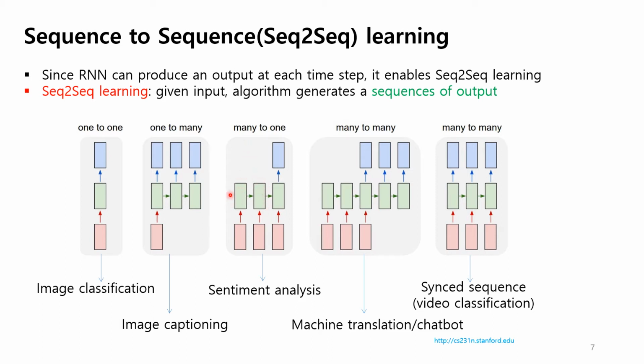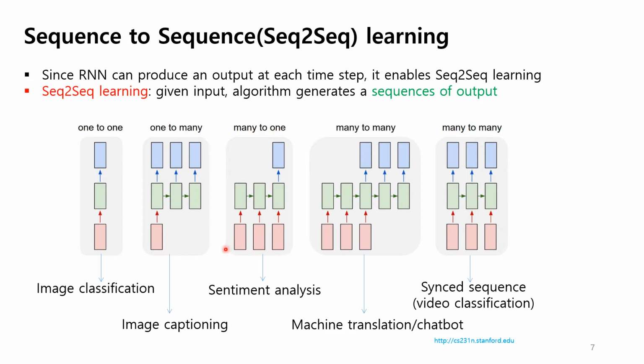You do computing here, but you do not generate output. At the end, you generate one output. So input is a sequence, but output is just one output. It's called many to one.